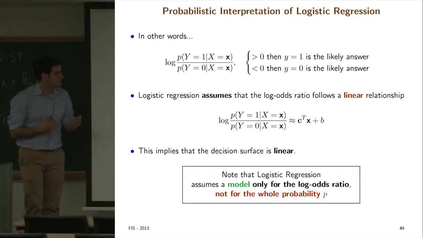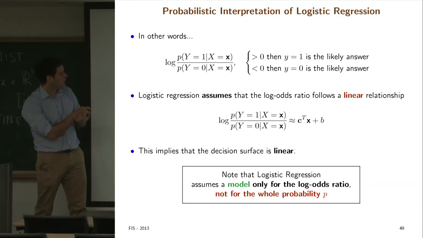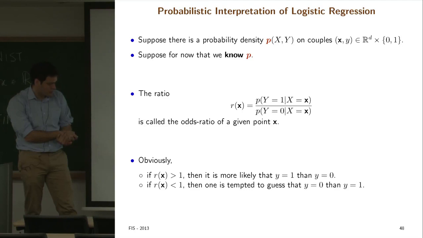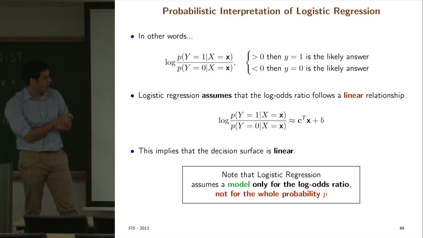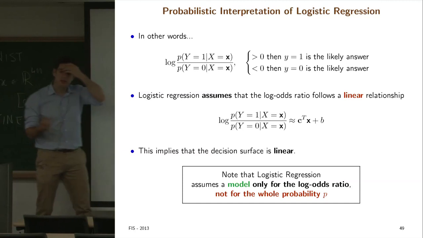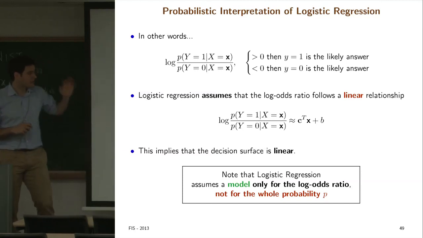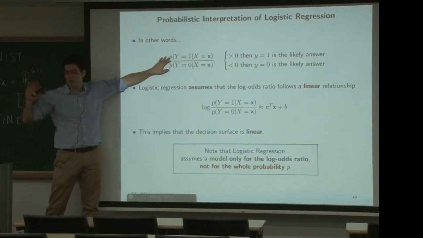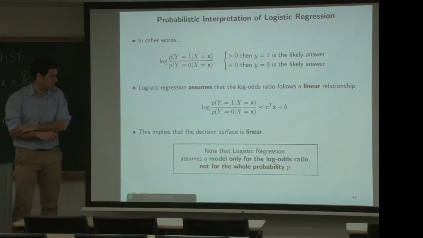In other words, the ratio being bigger or smaller than 1 is exactly the same thing as saying the logarithm of the ratio is positive or negative. So if I take the log ratio, this will give me an idea. Of course, this is all assuming that I have access to this very important information, the density.